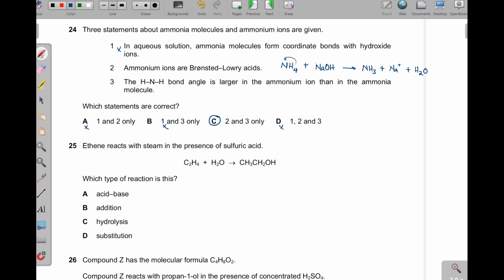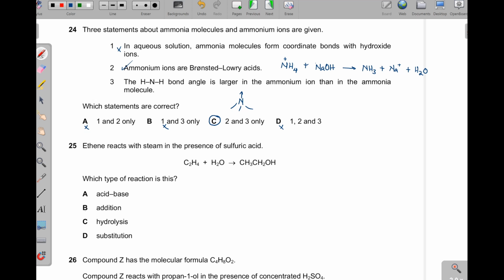So in this case, this ammonium ion has lost a proton to give us this. So that is okay. Then we go to this one here. The nitrogen-hydrogen bond angle is larger in the ammonium ion than in the ammonia molecule. In the ammonium ion, we have here tetrahedral.